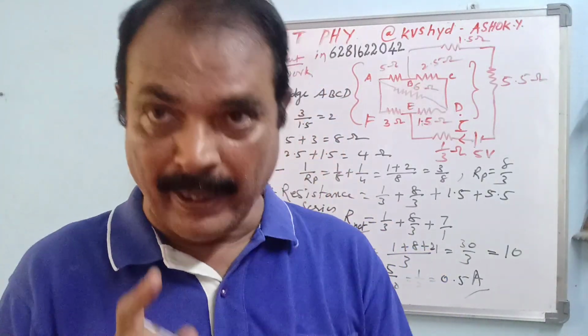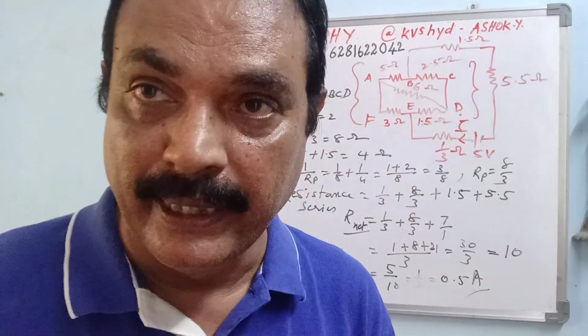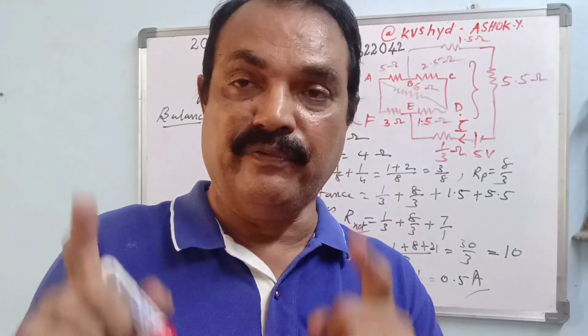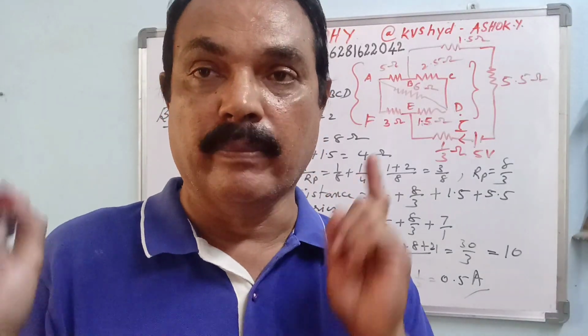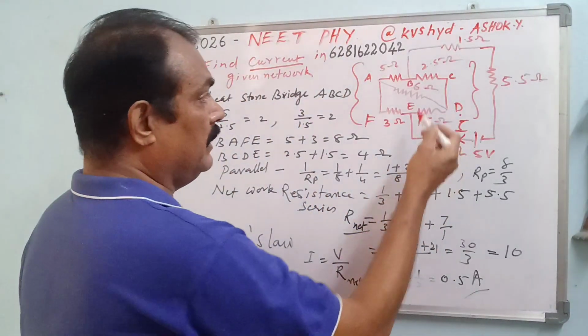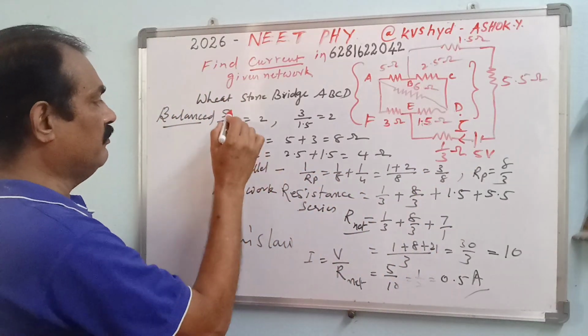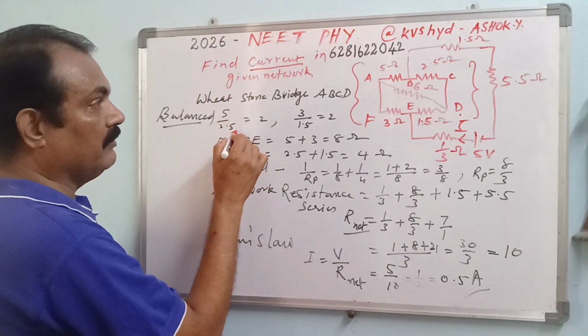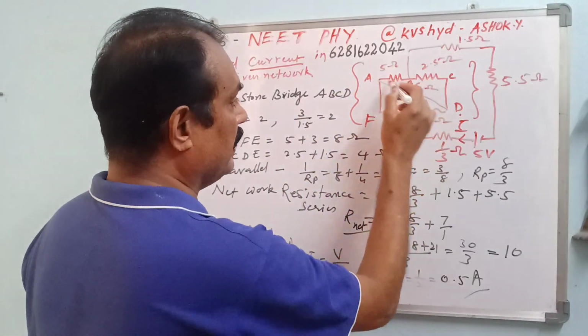Now you have to see whether the bridge is balanced or not. Then only you can apply that rule. Otherwise you can't apply it. You can apply it only if the balance condition is satisfied. Balance condition means P by Q is equal to R by S. Here I have taken 5 by 2.5 for checking the balance point. This is the galvanometer.